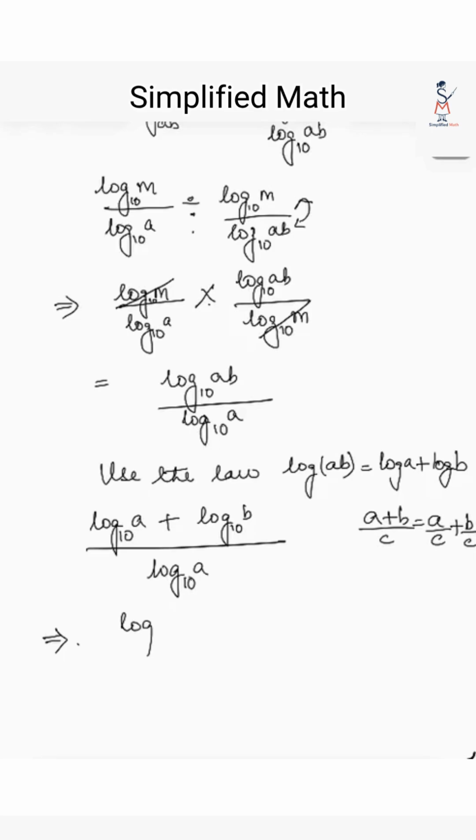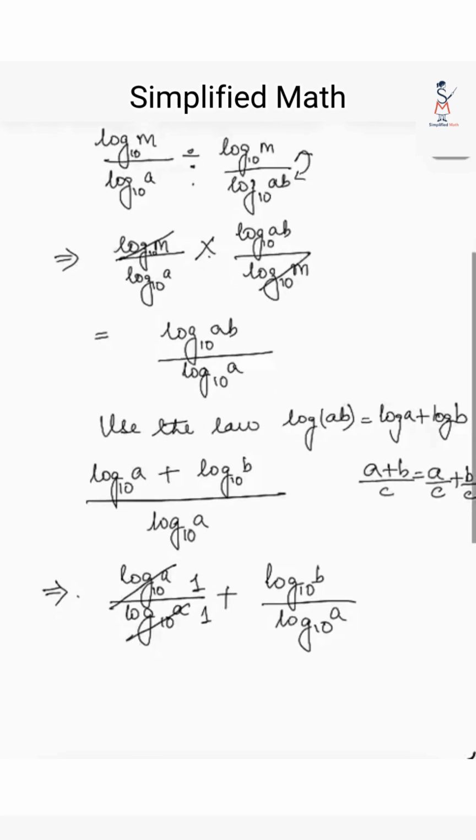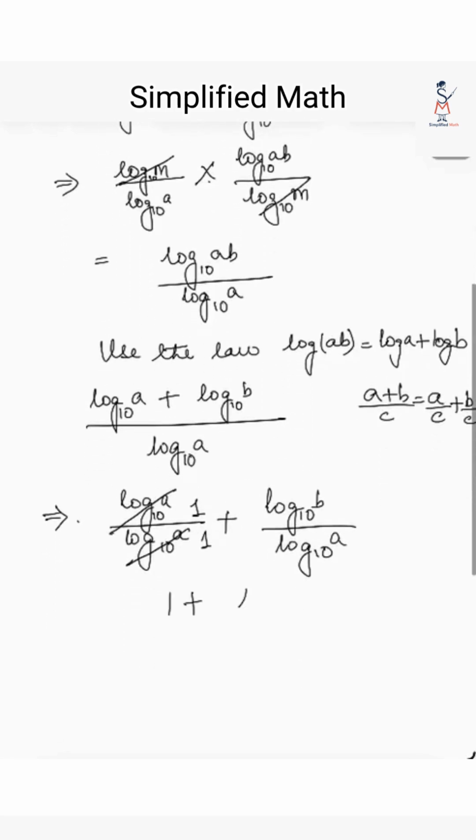So this will become log a to the base 10 divided by log a to the base 10 plus log b to the base 10 divided by log a to the base 10. This log a gets cancelled and what I am left with is 1 plus log b to the base 10 by log a to the base 10.